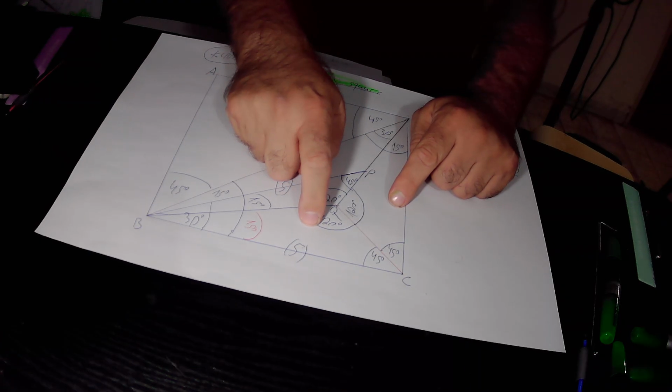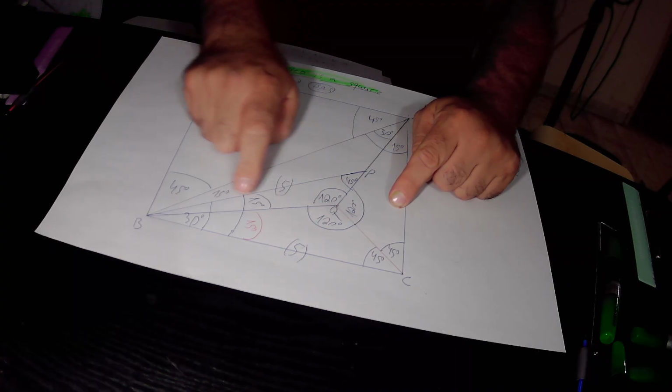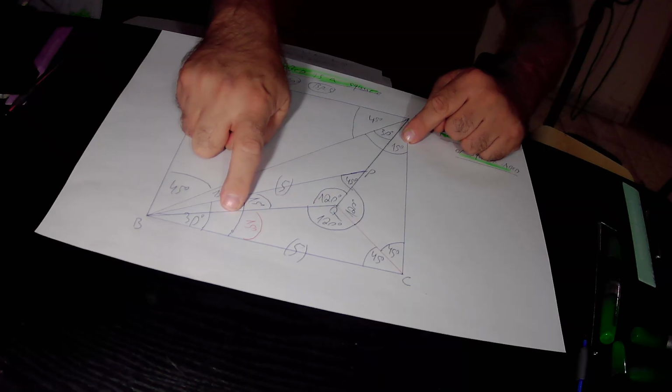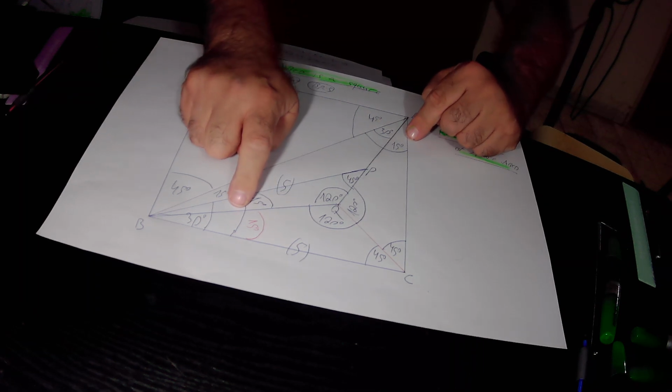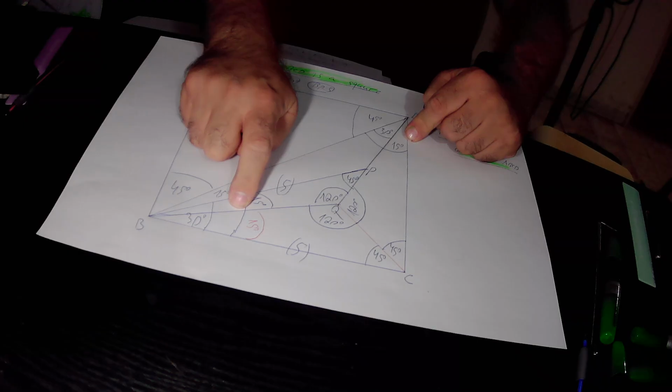And for the fact that they can go into each other, those two angles must also be equal to each other in size, according to the rule that corresponding angles of congruent triangles are equal to each other.